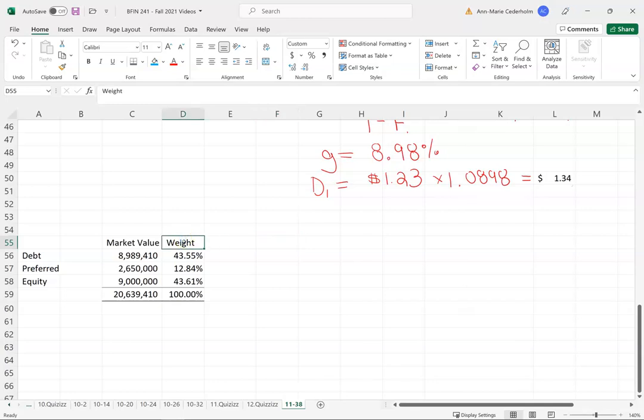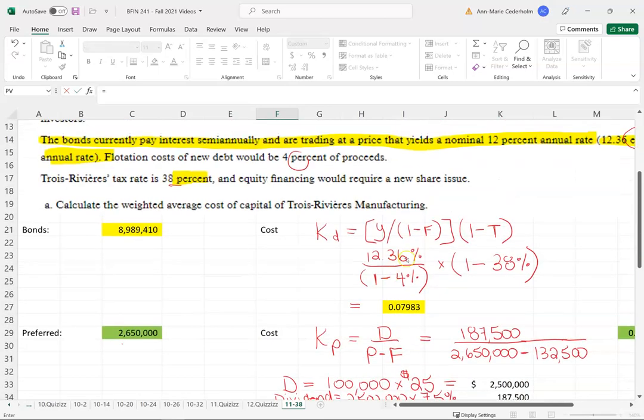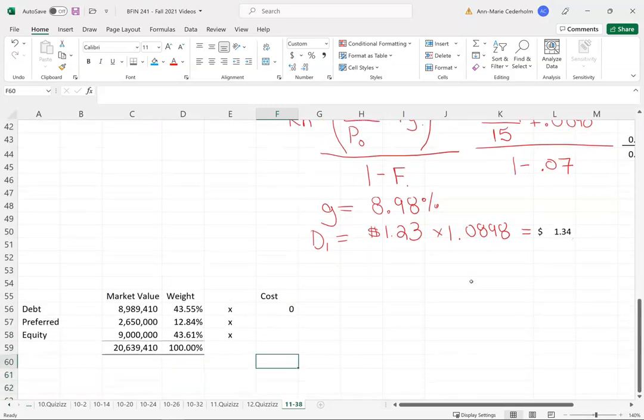So now that I have my weight, I can factor in my cost. So just remember that we're going to multiply the weight by the cost in order to get the weighted average. So I'll bring in my cost. The cost on the debt we calculated to be 0.07983, and I'll show those to 4 decimal places again.